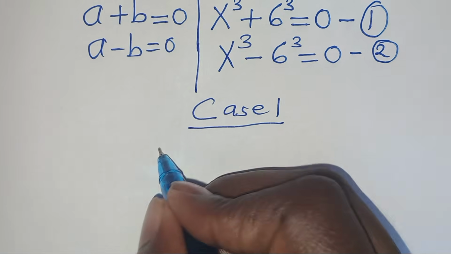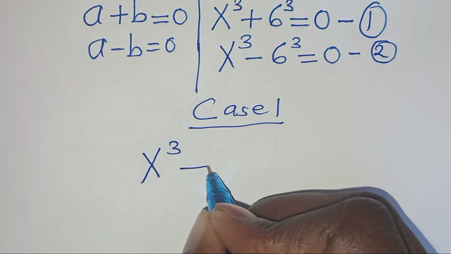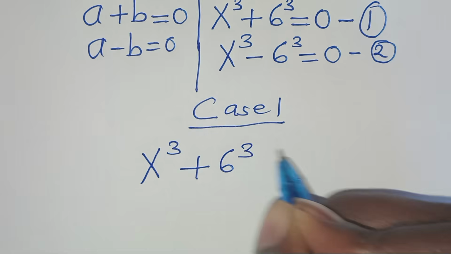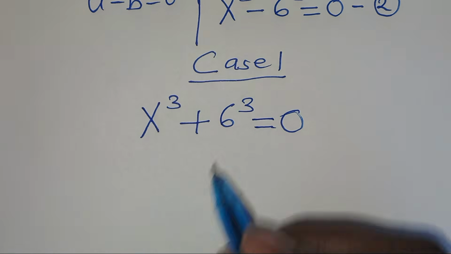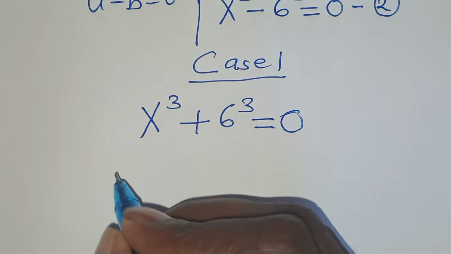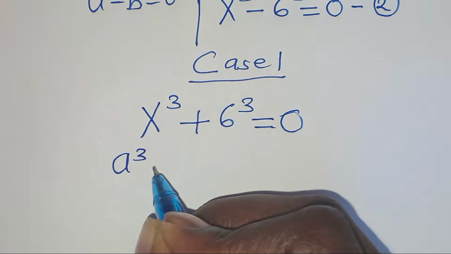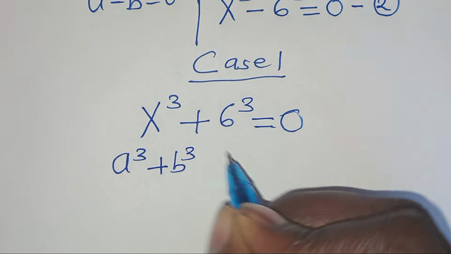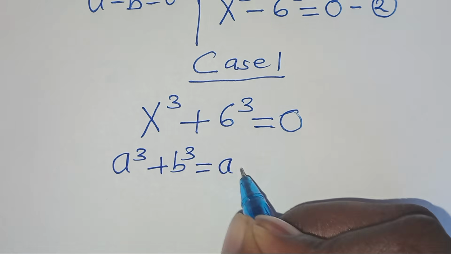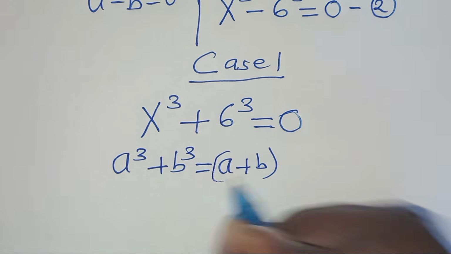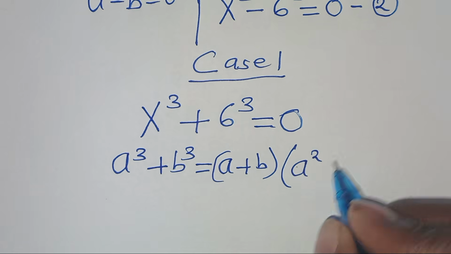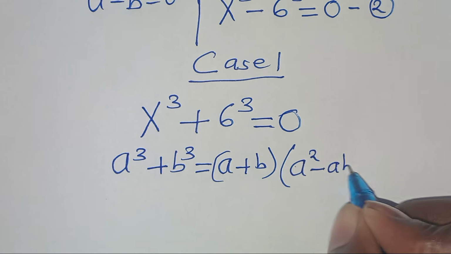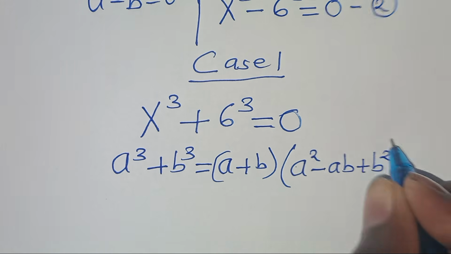So we have x^3 plus 6^3 equal to 0. This is the sum of two cubes that we can express as a^3 plus b^3, which can be expressed as (a plus b) times (a^2 minus ab plus b^2).